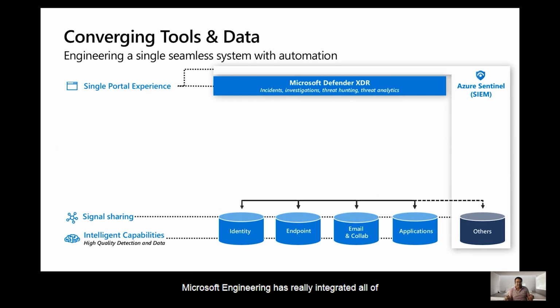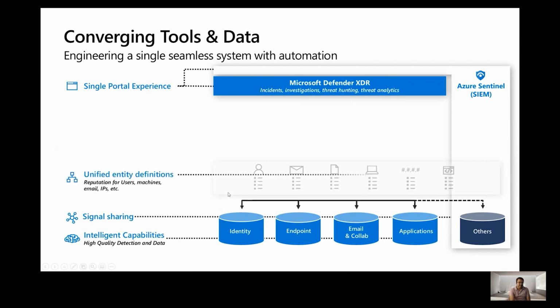Microsoft Engineering has really integrated all of these solutions through the API layer. So these solutions fundamentally understand each other and are tightly connected to each other, and they share signals. That's the first very important part of how XDR is operating. The solutions fundamentally understand each other.